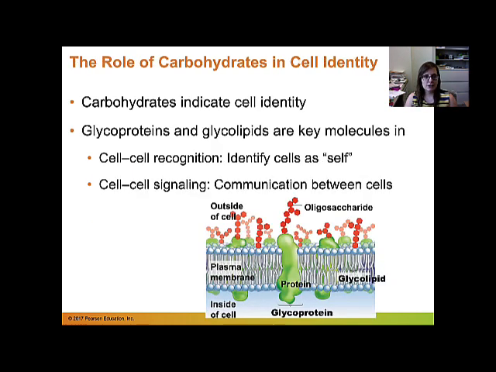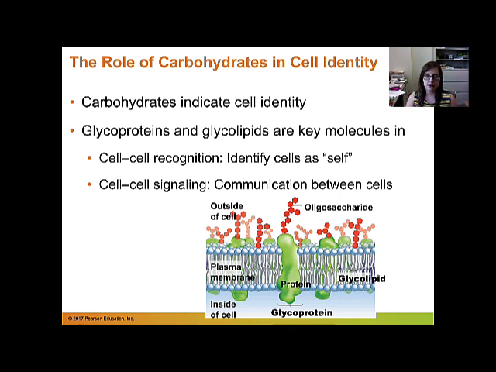So cell identity. Carbohydrates indicate cell identity, and carbohydrates can modify proteins and lipids. So we talked already about proteins, right, made up of amino acids, and we'll talk about lipids later. But little carbohydrates or oligosaccharides can be added to these lipids and proteins, and that helps another cell recognize itself, right?